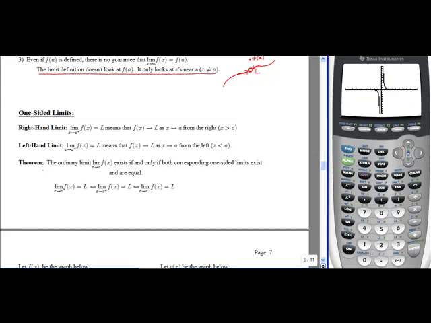And then we have this theorem that says the two-sided limit right here, there's no plus and there's no minus, will exist if and only if both of the corresponding one-sided limits exist and are equal. So this should kind of make sense when we talk about some of the examples we've discussed already.